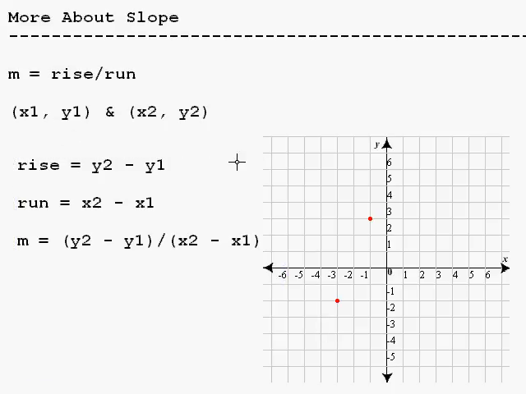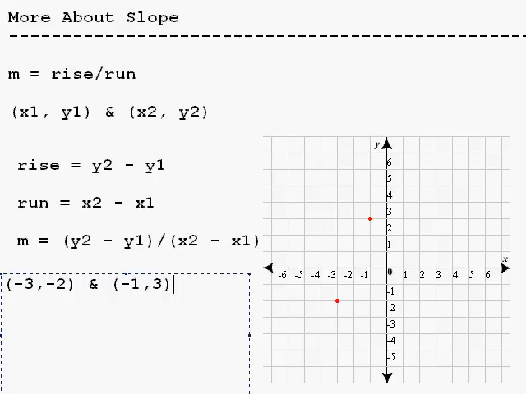So if we had the 2 points, -3, -2, and -1, 3, what we'll do is we'll say m is, okay, we'll call this our first coordinate, this our second coordinate. y2 minus y1 divided by x2 minus x1.